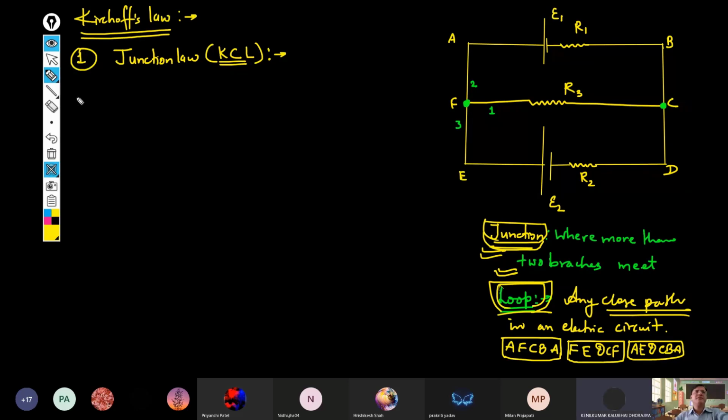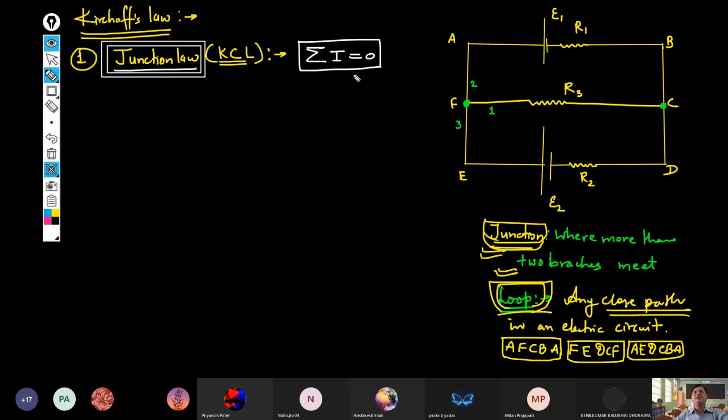Now over here, we will talk about the junction law first of all. What is the junction law? The junction law simply says the algebraic sum of electric current at any junction point is 0. Again, I am repeating, the algebraic sum of electric current at any junction point is 0. That is Kirchhoff current law or junction law.